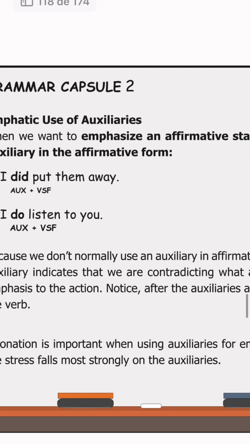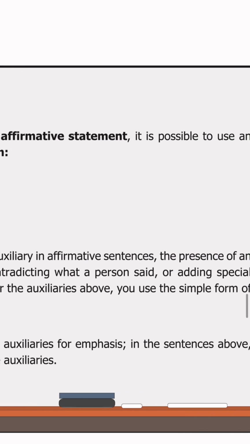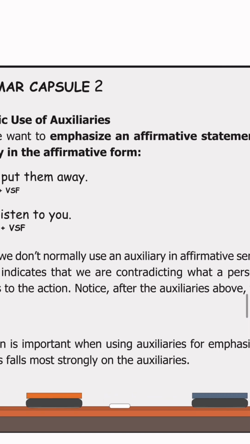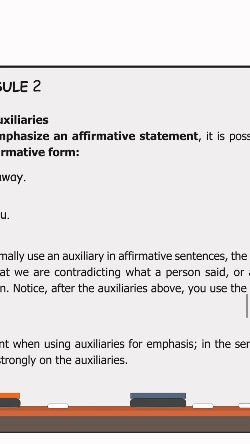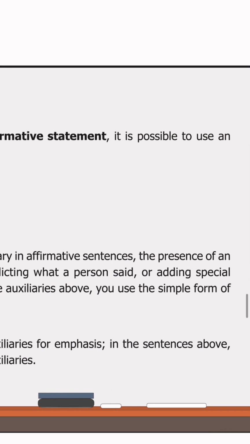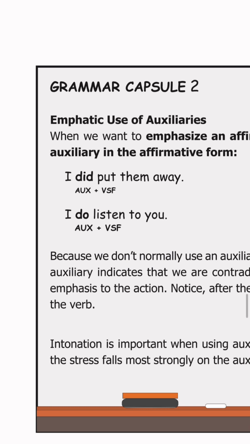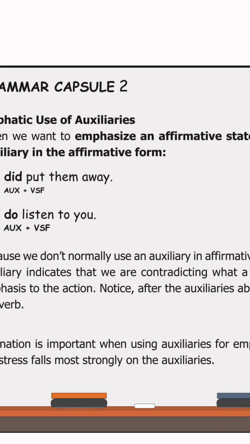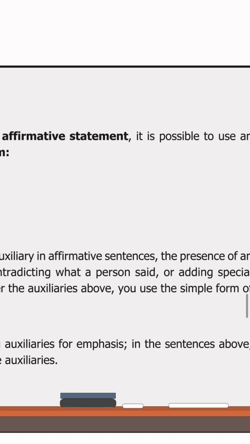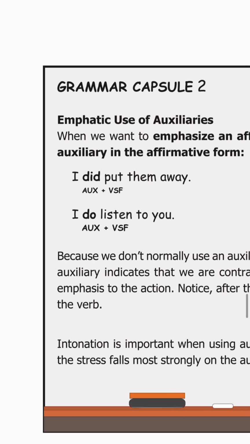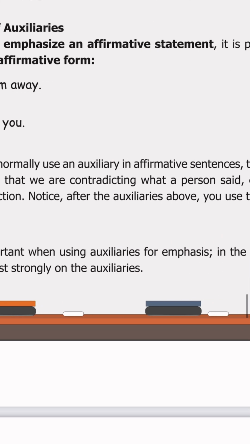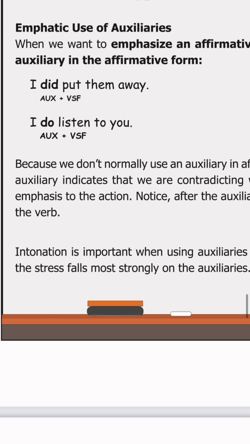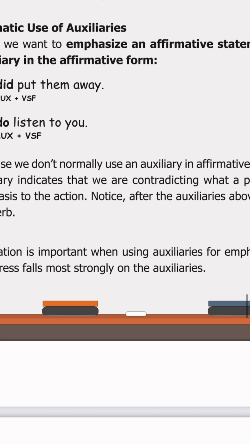Because we don't normally use an auxiliary in affirmative sentences, the presence of an auxiliary indicates that we are contradicting what a person said, or adding special emphasis to the action. Notice that after the auxiliary you use the simple form of the verb. Intonation is important when using an auxiliary for emphasis. In the sentences above, the stress falls most strongly on the auxiliary.